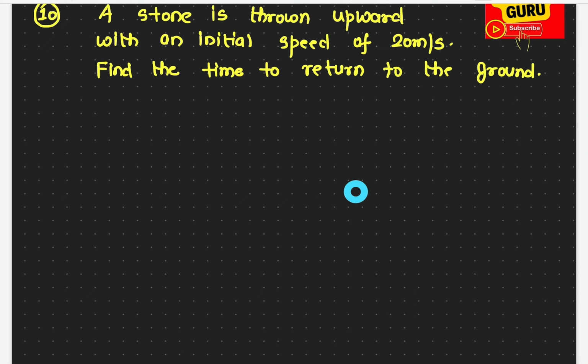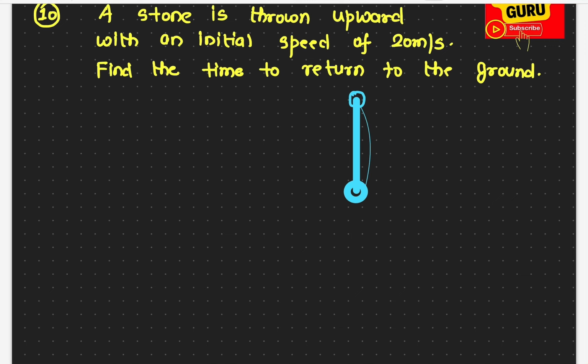So here, let's say I have a stone and I throw it upward. So what will happen? It will go to a certain height, stop here momentarily and then come back here. Okay, and it will come back.